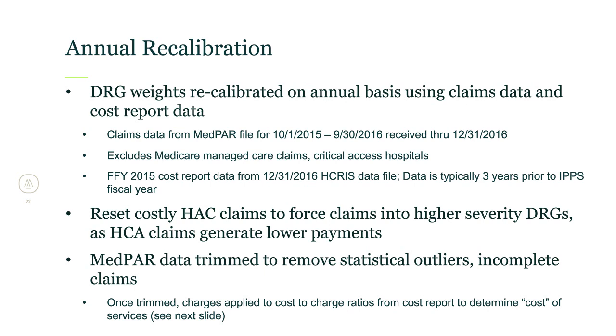Now, it is interesting to know that in order to get to the information that they want to use for these calculations, they do strip out a fair amount of information. Hospitals that are not paid on the IPPS methodology, claims that relate to Part C as opposed to Part A. So there's a lot of modifications that CMS makes to their baseline data that's important to know, because as we make this transition in the new world order from Part A to Part C, it's interesting in parts of the country, especially, say, Oregon and other West Coast states, Medicare Part C enrollment is outpacing Part A 3-to-1 in some markets.